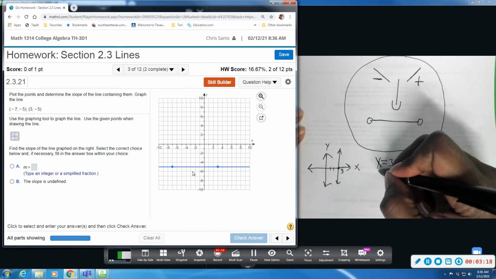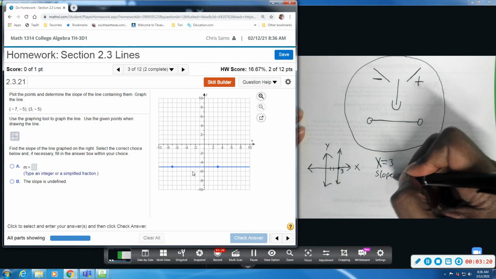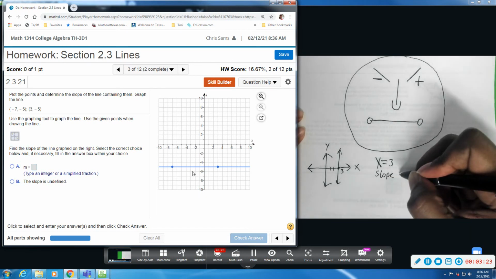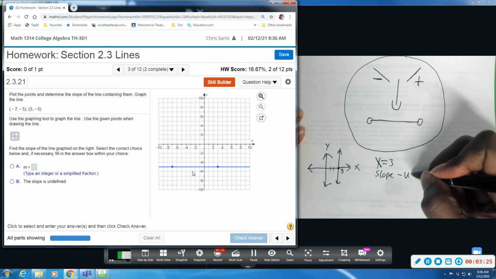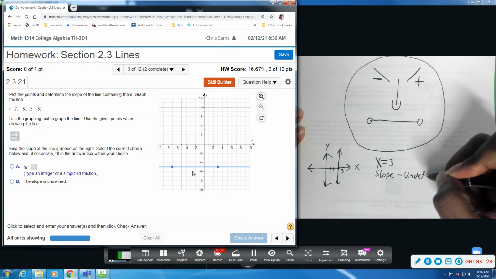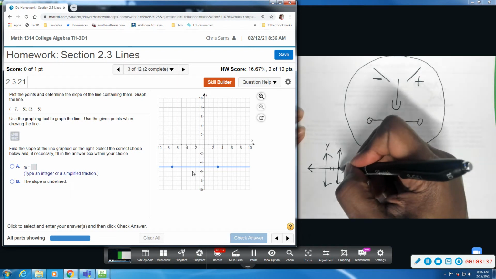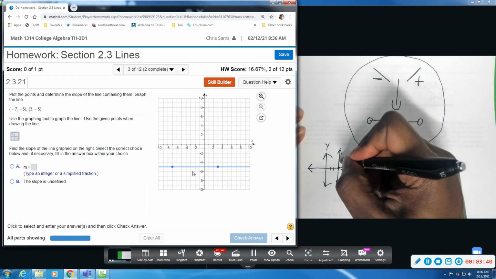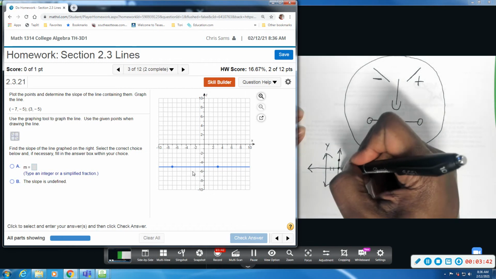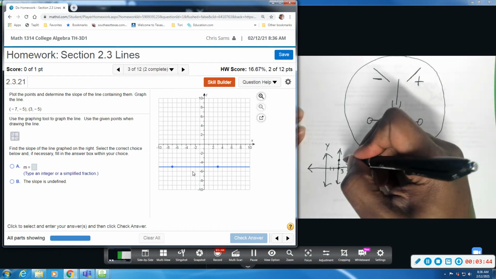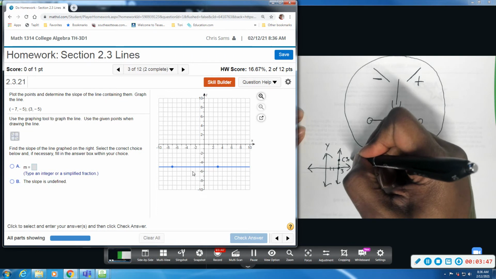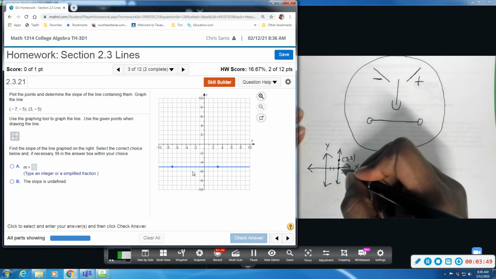The slope of a vertical line is undefined. The reason it's undefined is because if you were to do the slope formula, let's call this point 3, 2, and we have this point down here which we'll call 3, 0.